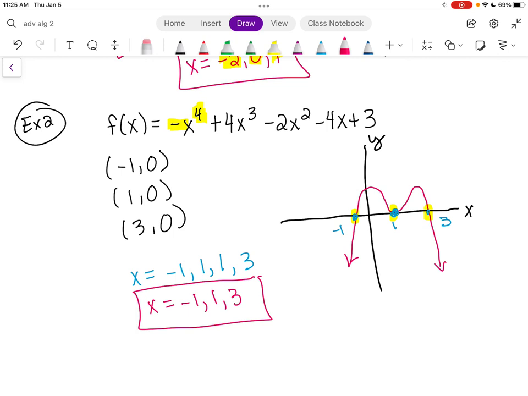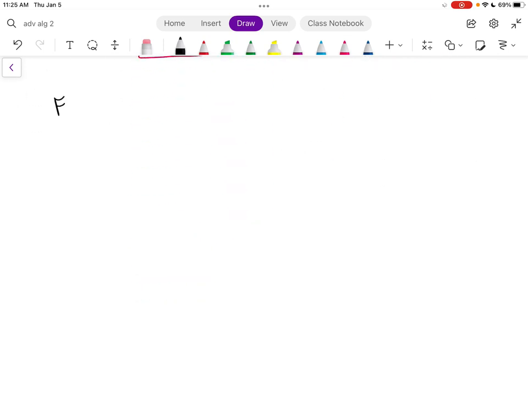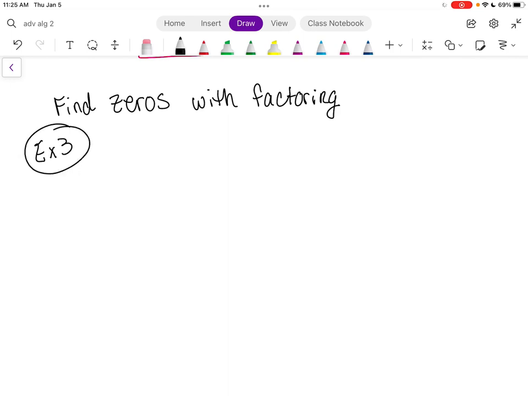Now there is a way to find this without graphing, and you can do that using factoring. Okay, so let's look at that. Let's find the zeros with factoring. So let's say we have f of x equals x to the 3rd minus 2x squared minus 15x.